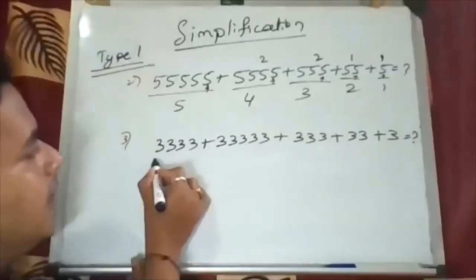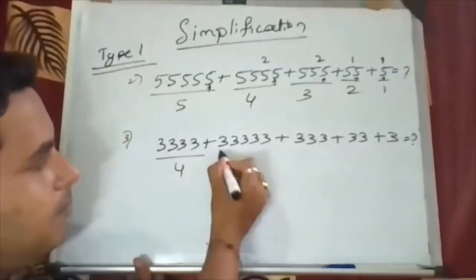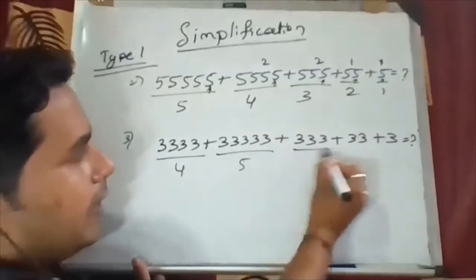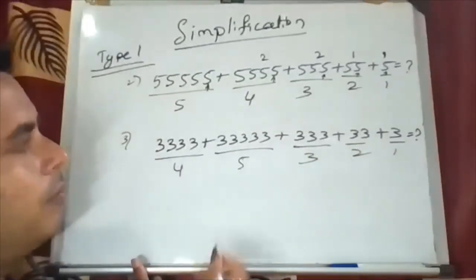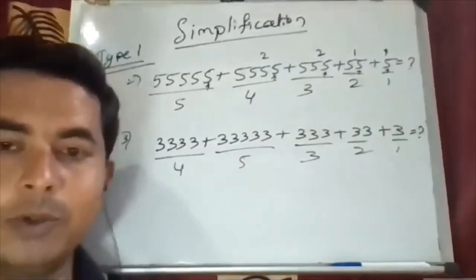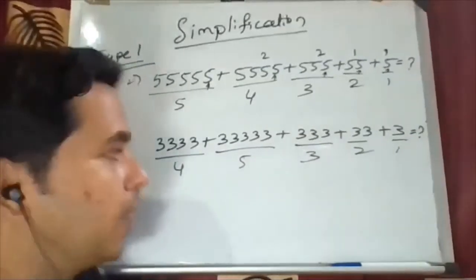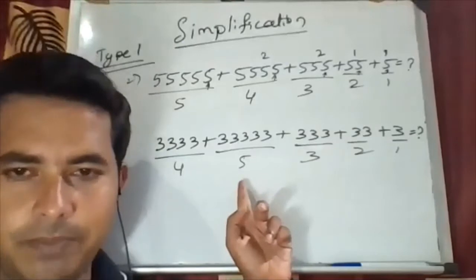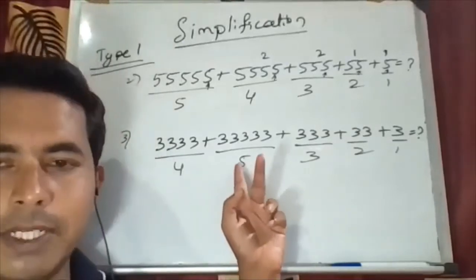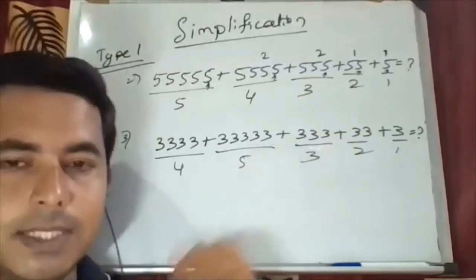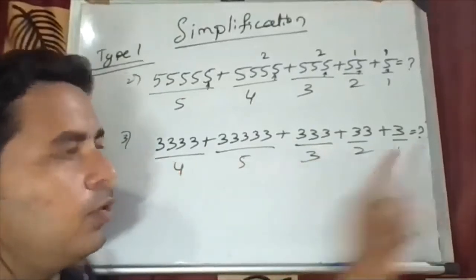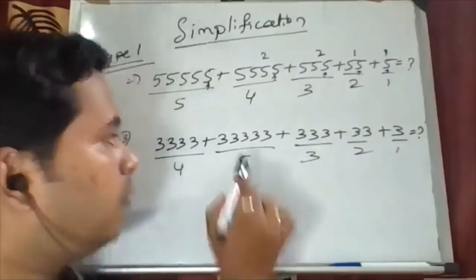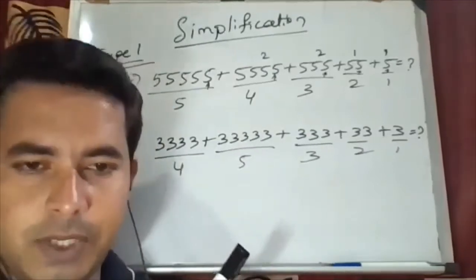So here 4 is first and here 5 and here 3 and here 2 and here 1. But wherever the order is, you have to start from that place only. Now look, 5 is in between. Okay, the highest number is in between and the lowest is in the first place. Then 3 to 1. But you have to start from the 5th place only.